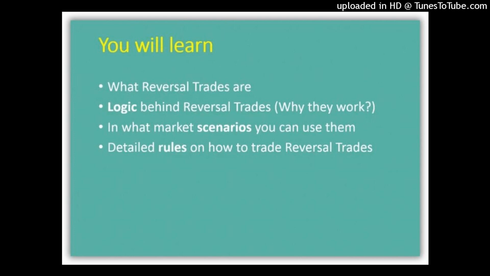Alright, so whenever price shoots past volume-based level like this, without any reaction, then you wait for a pullback, you wait for the price to come again to this level, and you enter a reversal trade, you enter a reversal position. So this is the first way how to trade the reversal trades.